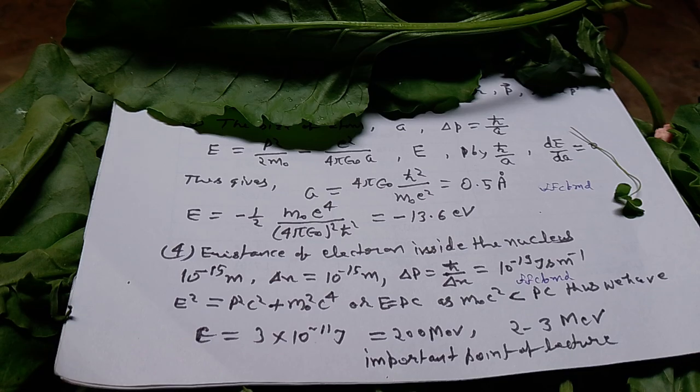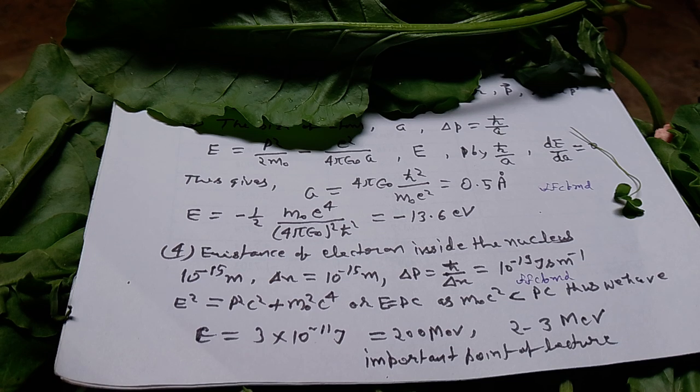The group velocity v sub g of the wave packet is equal to the particle velocity v, and the phase velocity v sub p is given by c square by v. Next point: the concept of a wave packet leads to Heisenberg's uncertainty principle, according to which two canonically conjugate variables like x and p sub x, or E and t, cannot be simultaneously determined with perfect accuracy.